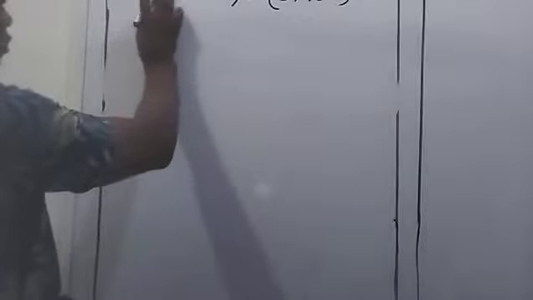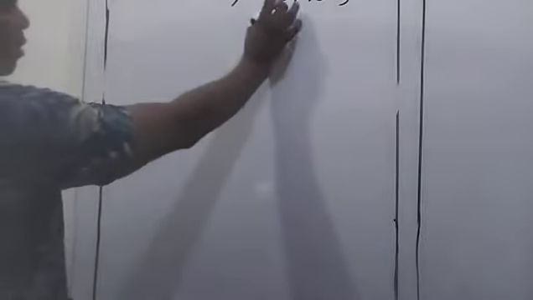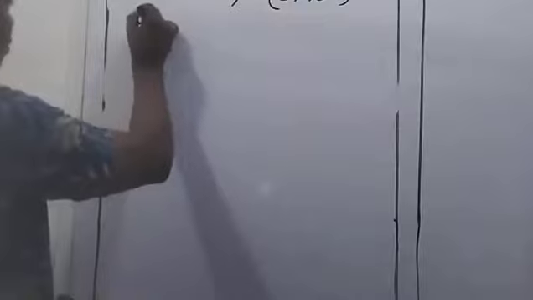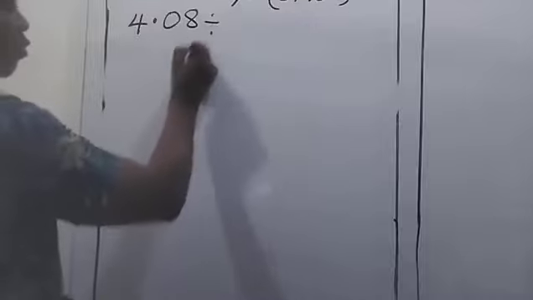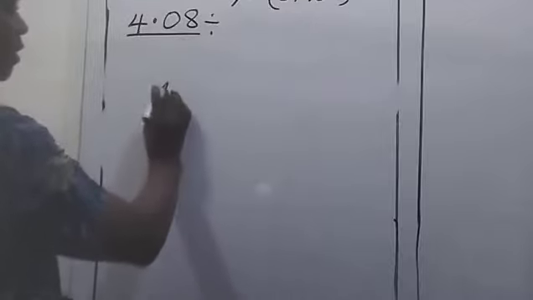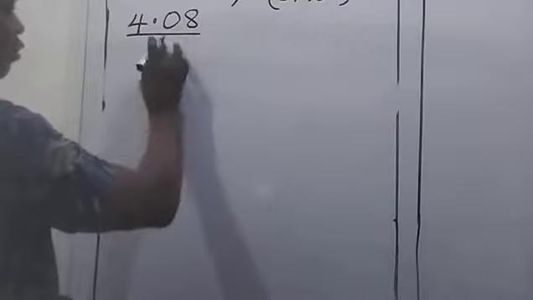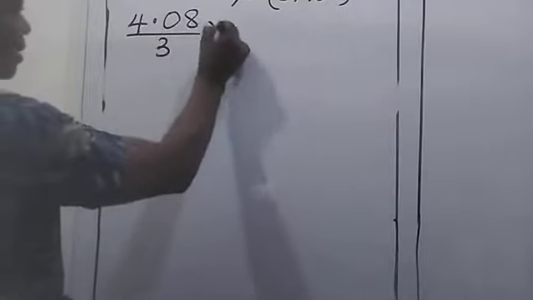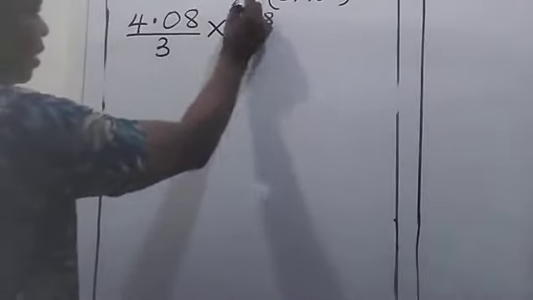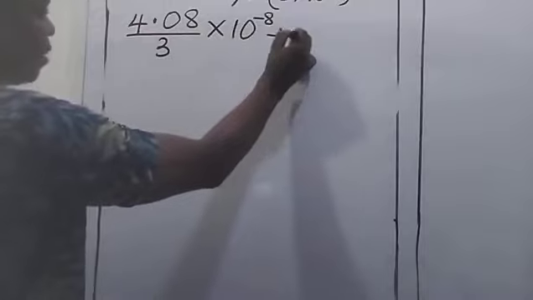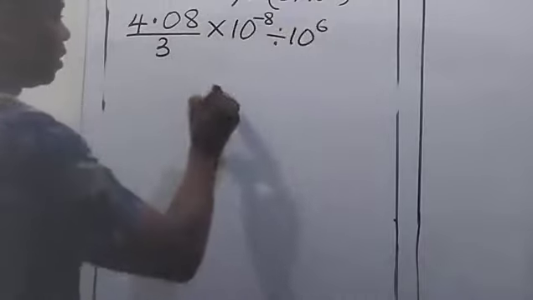So we have 4.08 divided by 3, then times 10 raised to the power negative 8, then divided by 10 raised to the power 6.